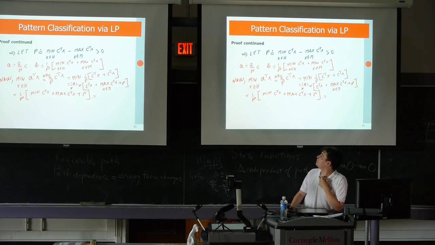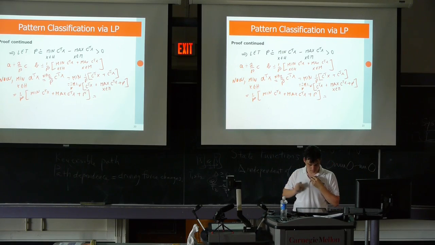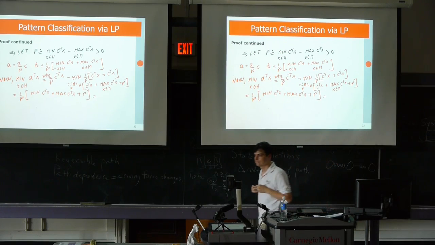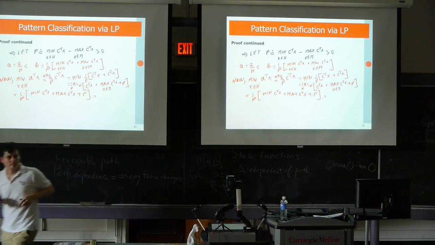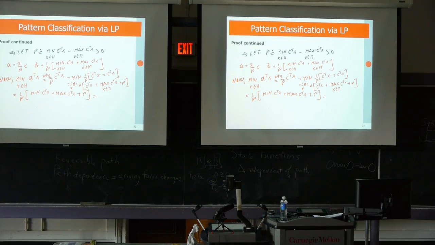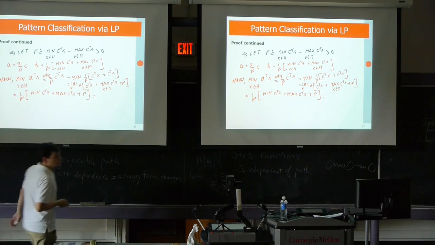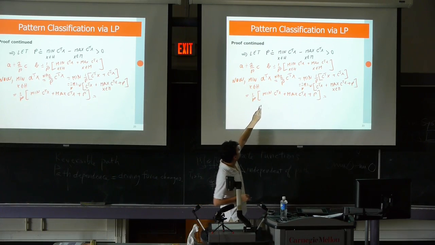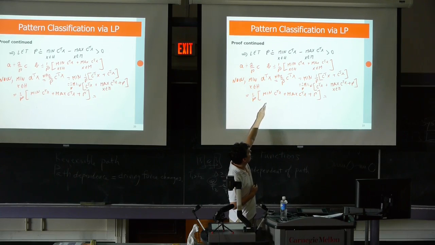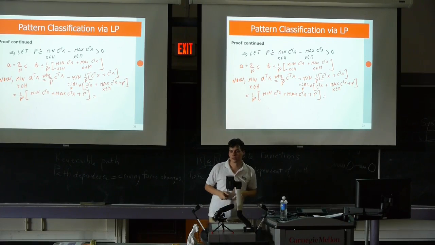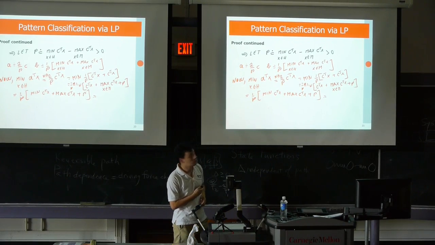Just think of the definition of B. I'm a bit lazy, but whenever I just write min, of course I mean the minimum over H, and whenever I write maximum, over M. So what is 1 over P times this?